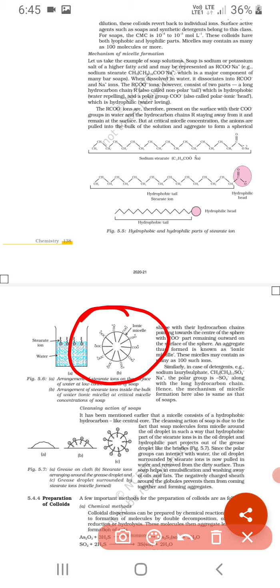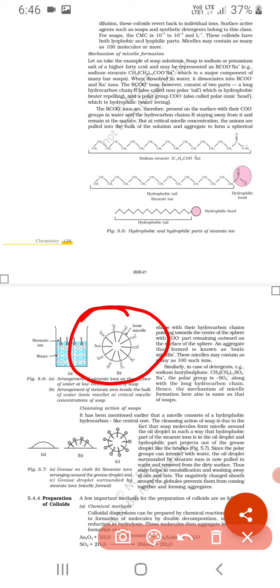That means they aggregate together and form a ball-like structure in which the head portion is outside and the inner portion has the tail portion, which is organic and does not interact with water, and that aggregation is called micelle formation.